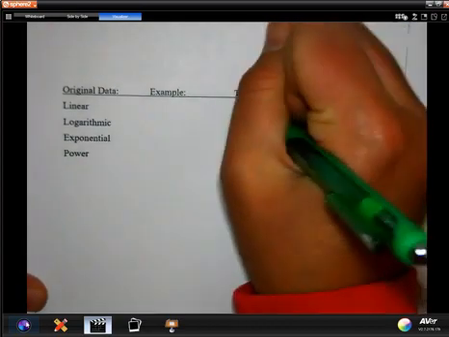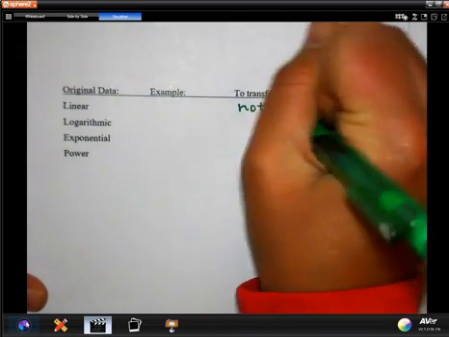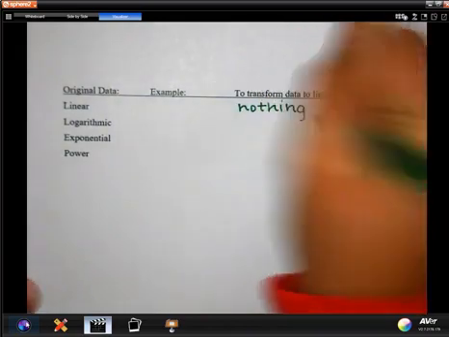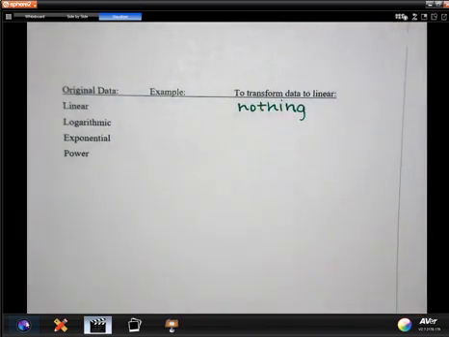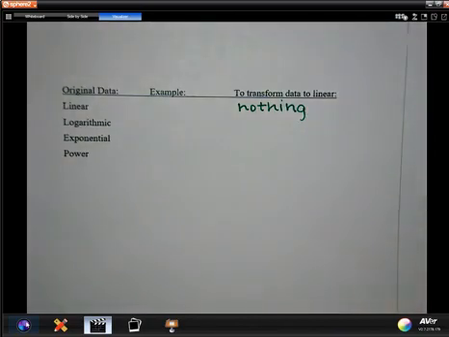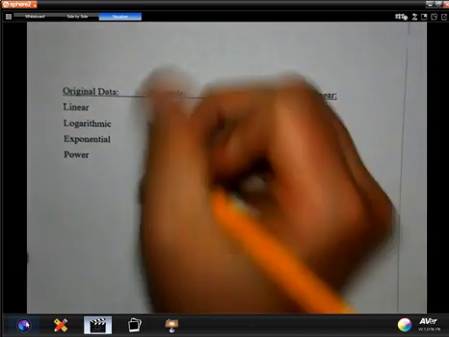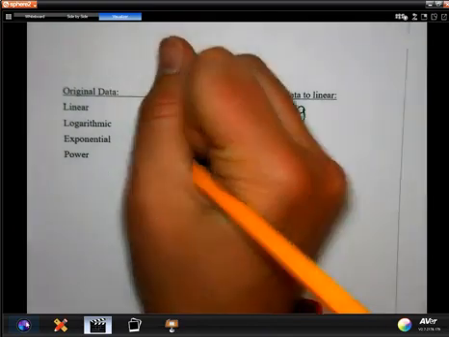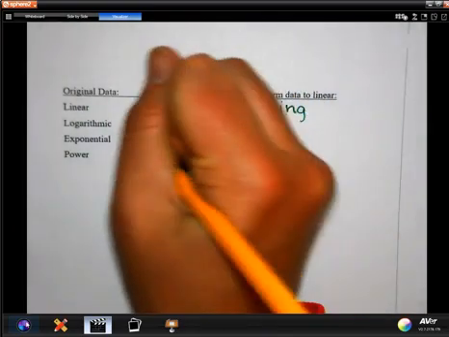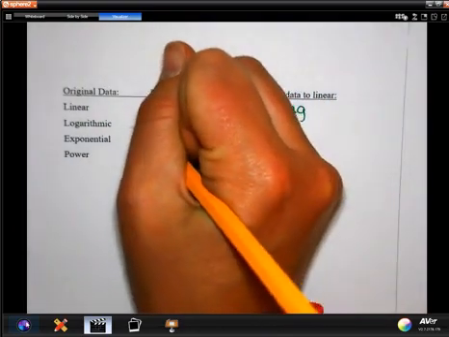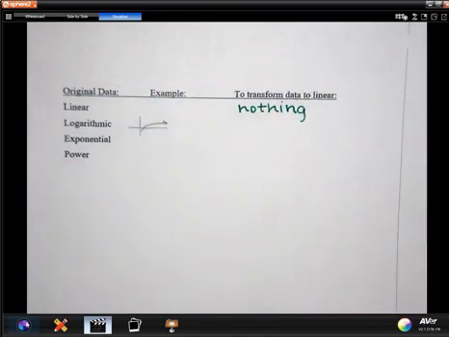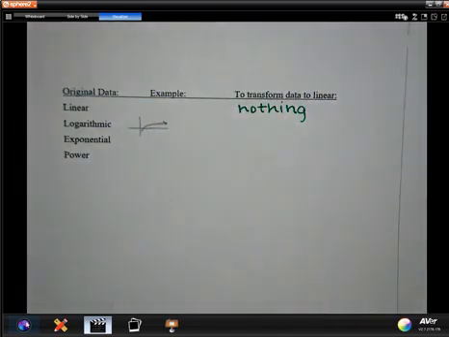Nothing. If you're working with data that looks logarithmic, which by the way, I guess I'll do this in pencil. So logarithms, they look something like that. That's not perfect, but you get the idea. That's what the shape is.